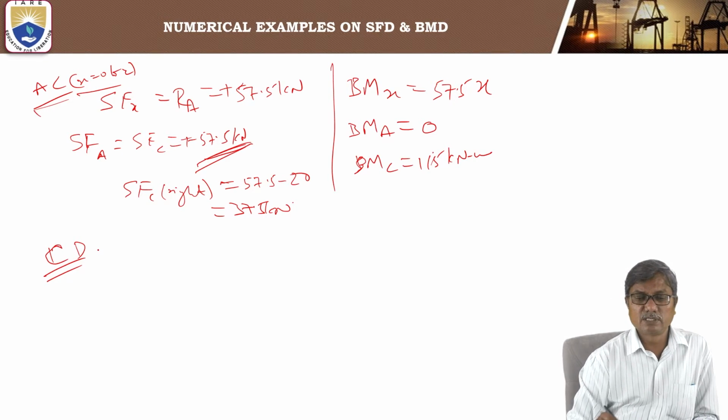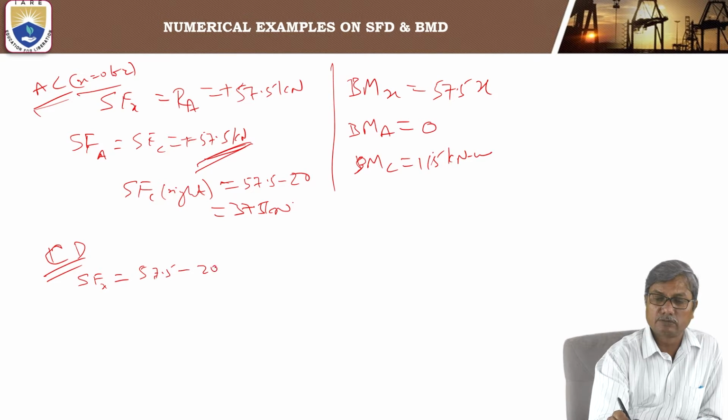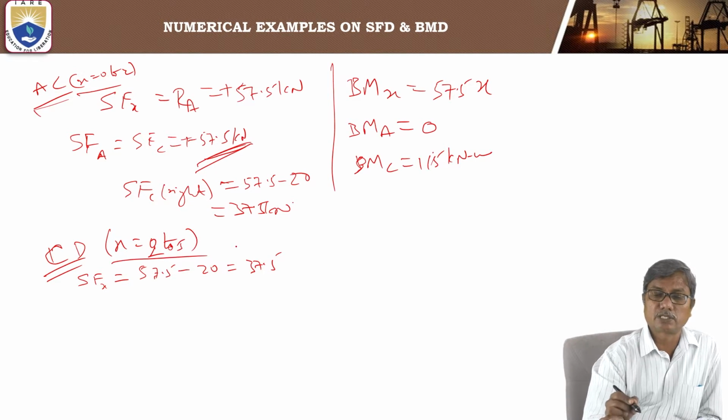Now consider the section between CD. The shear force at X will be 57.5 minus 20, that is 37.5. The limits for X are 2 to 5.